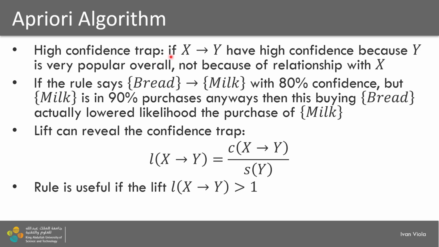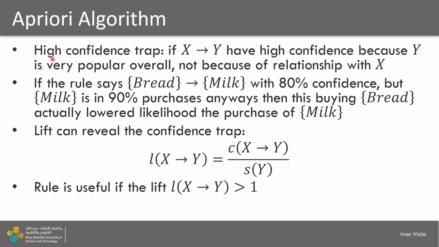Imagine that if X implies Y, we find such an association, and this association has a high confidence, but the high confidence is because Y is so super popular that it occurs basically in every transaction.